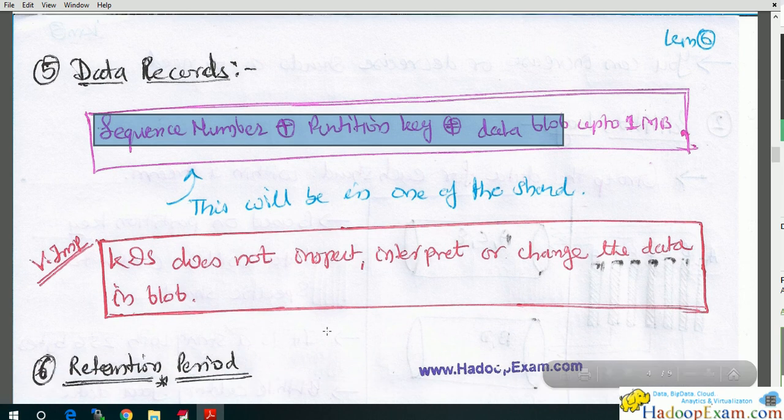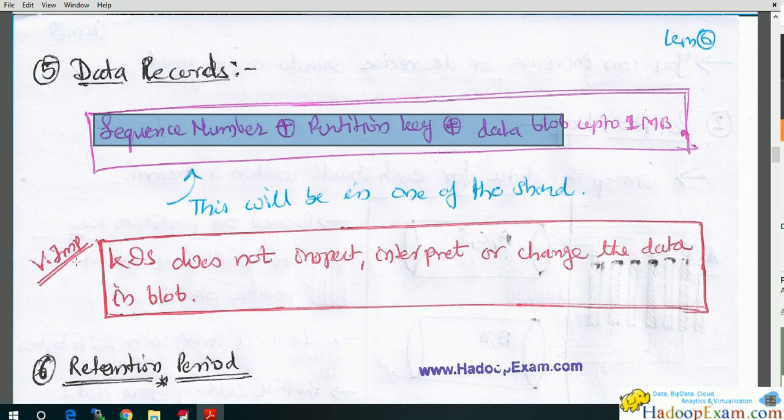Kinesis data stream does not inspect, interpret, or change the data in the blob, as we previously discussed. This is very important from the exam perspective. They might ask you a question and give options like Kinesis data stream would filter the data or apply some logic. So remember, Kinesis data stream would not read your content in the data.